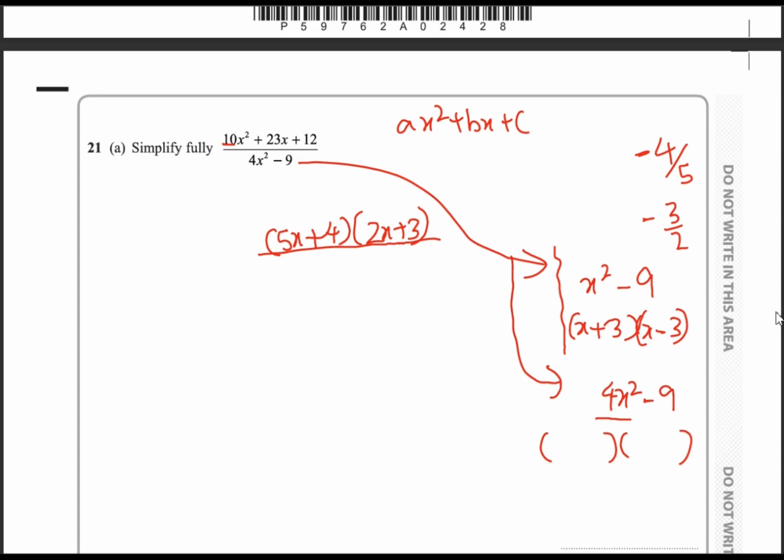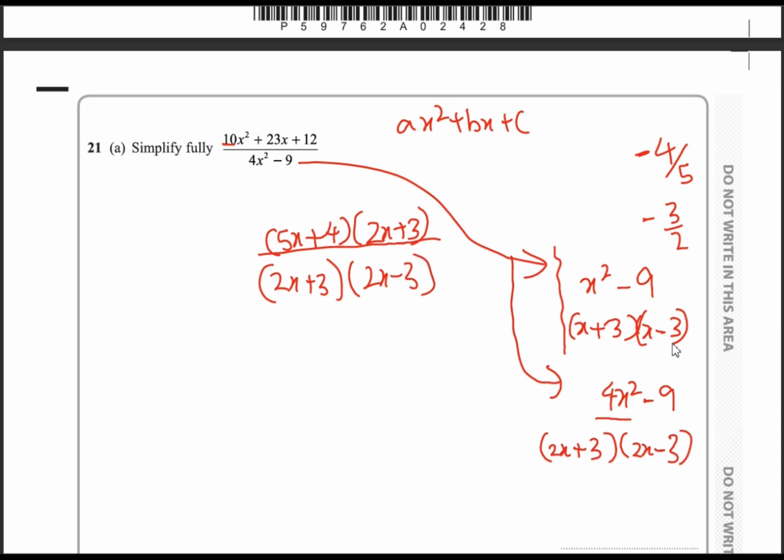So I put 2x in each bracket. Then I put plus to one and minus to the other, and take the square root of the second number. The square root of 9 is 3. So my factors of 4x squared minus 9 are 2x plus 3 and 2x minus 3.